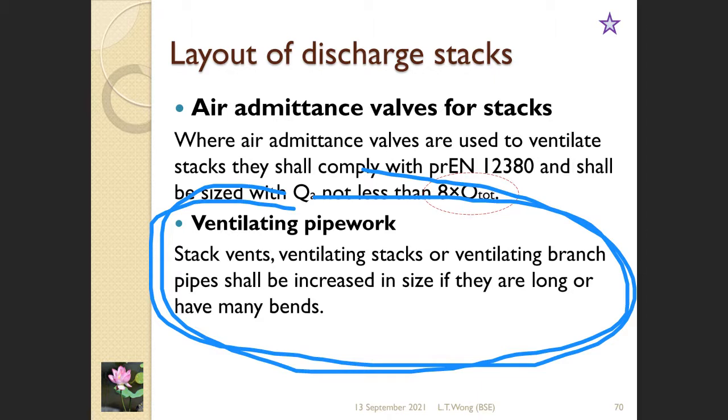If you refer to the Institute of Plumbing Design Guide, the ventilation pipe is half the size of the drainage stack. If the drainage stack is 150, the secondary ventilation pipe in the standard is 75 mm. However, in Hong Kong, in a lot of buildings around 30 stories, you can find that the ventilation pipe size is 150, the same size as the drainage stack.